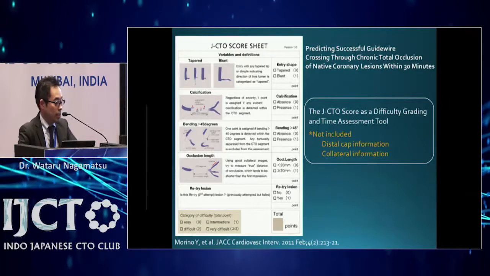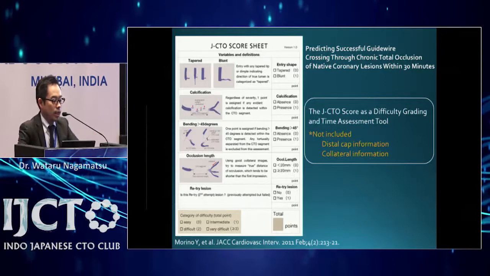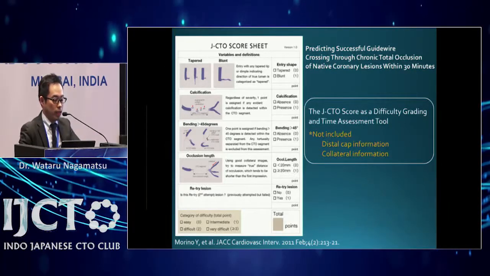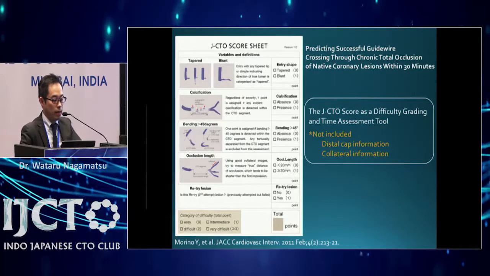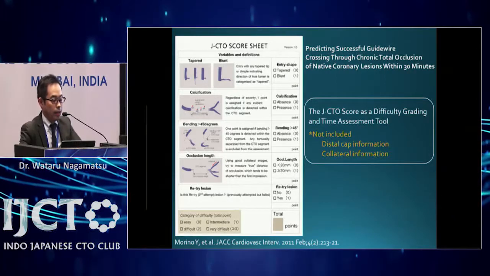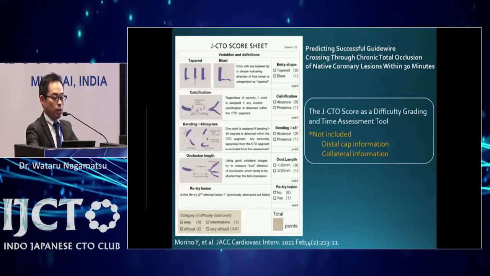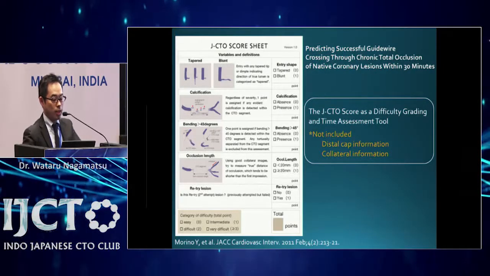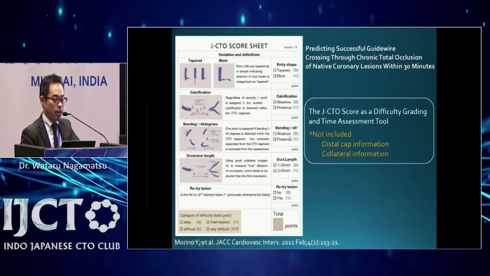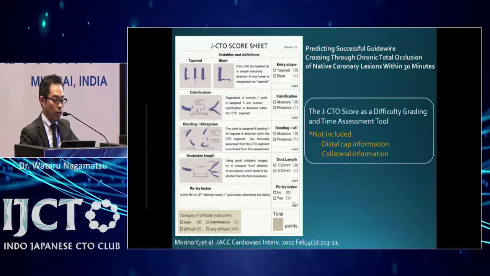But we have the data, the very famous data, the J-CTO score. The original paper title is Predicting Successful Guidewire Crossing Through Chronic Total Occlusion of Native Coronary Lesions Within 30 Minutes. The J-CTO score is constructed from five items: entry shape, calcification, bending angle, occlusion length, and re-entry or not.